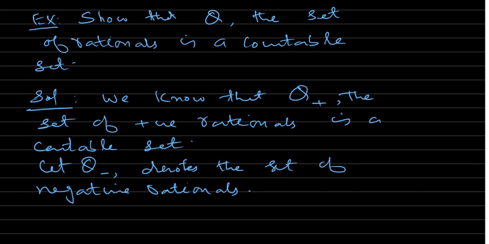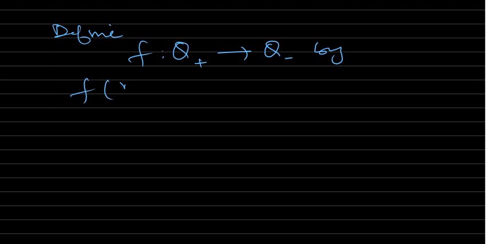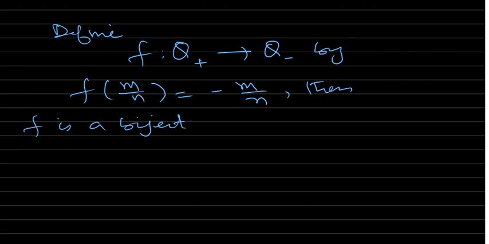Now we define a map f from Q plus to Q minus by f of m by n equal to minus m by n. Then f is a bijection. So therefore Q minus is also a countable set.